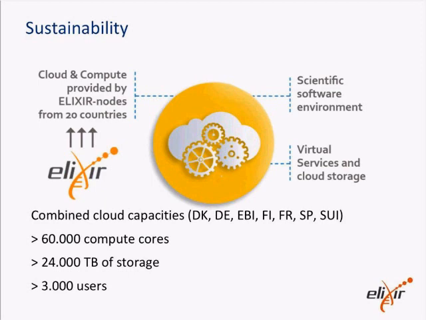So if we just count together 7 nodes from these 21 with the confirmed cloud capacities that they are more or less dedicating to life sciences processing needs, we get 60,000 cores, 24,000 terabytes, and 3,000 users. So this is the scale of the physical infrastructure underlying the different processes that we are talking about today.